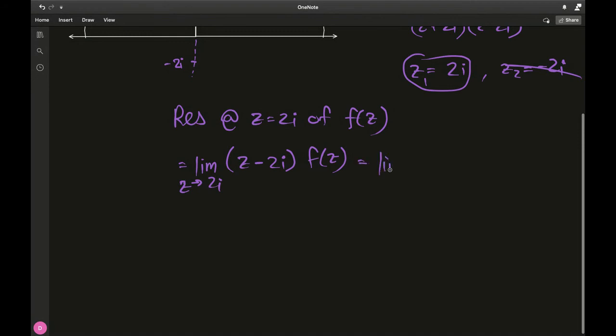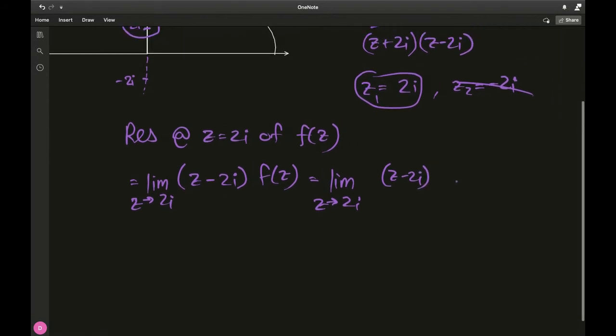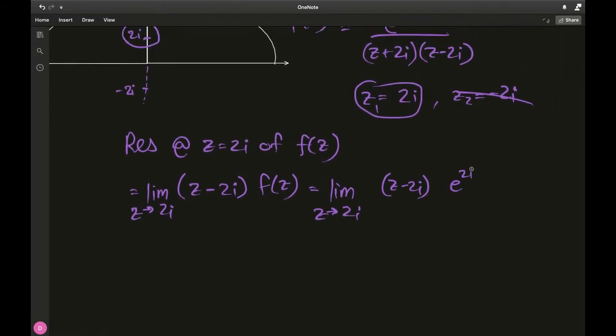So when we do that, we have the limit as z goes to 2i of z minus 2i times e to the 2iz divided by z plus 2i, z minus 2i.